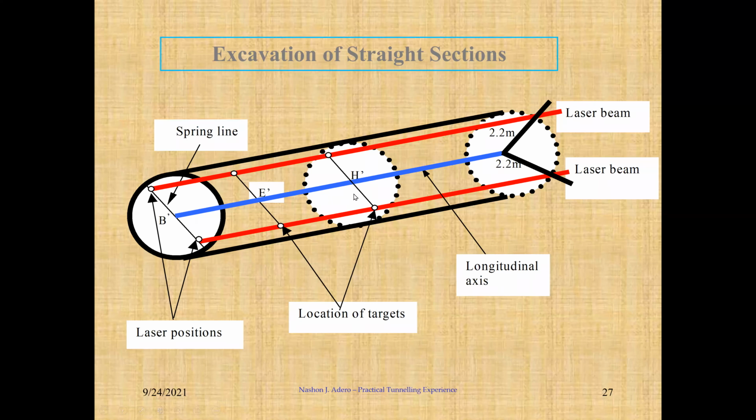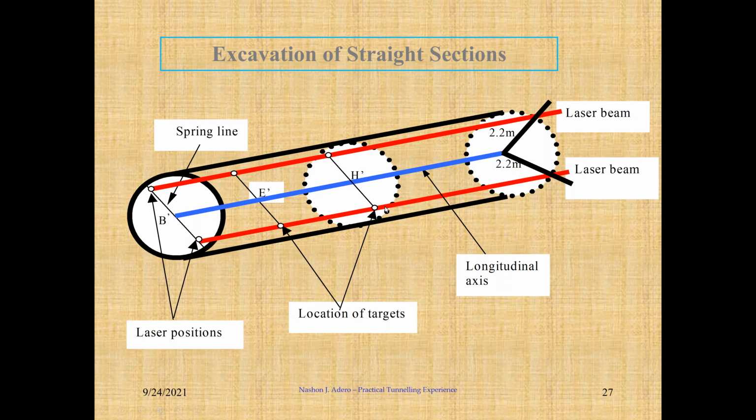And that is why we call it the spring line, the latitudinal axis. Yeah, this one is what we call the spring line. It is perpendicular to the center line. This black line is the latitudinal axis of the tunnel, and we call it the spring line. Yeah, it is indicated here, spring line. So as a surveyor, you have to ensure that if these are the targets, you have to know the XY locations of these targets.